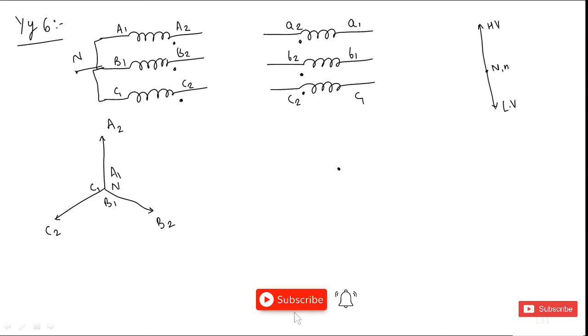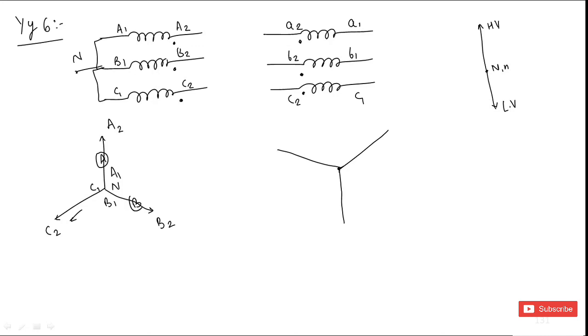So this is A phase in this direction. So at LV side, direction will be 180 degree out of phase. This is B in this direction. So B will be in this direction. C in this direction. So here it will be out of 180 degree phase. But the orientation of this phase, this will be same. This A phase, B phase, and C phase.